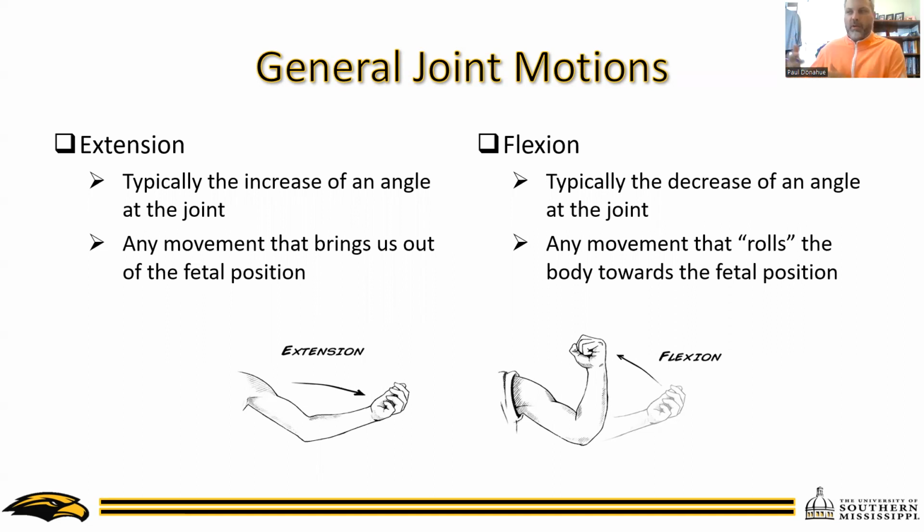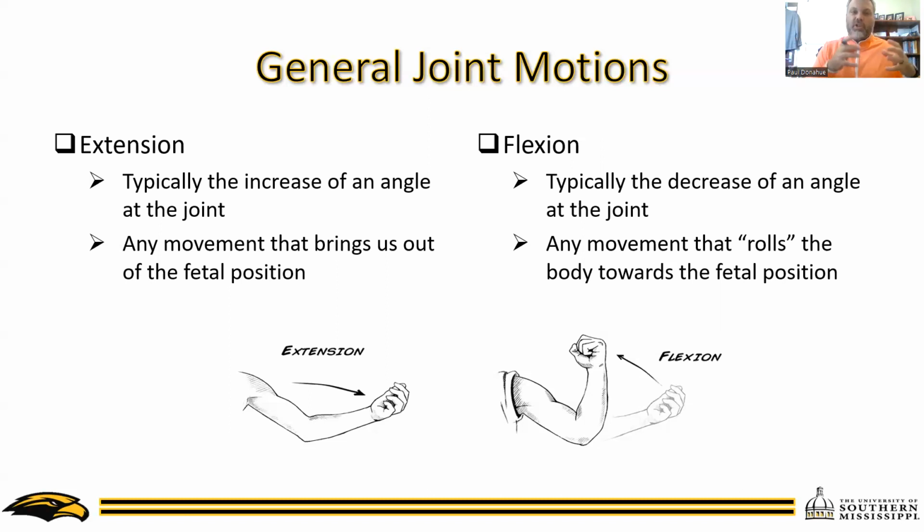We wouldn't tell someone if we want them to reach up and try to get a rebound in basketball that they need to flex their arm as they're going. We're going to tell them, hey, get as extended as you possibly can. Because when we think of extension in other terminology, it's about getting longer, like an extension cord, or if I gave you an extension for an assignment, you got more time.